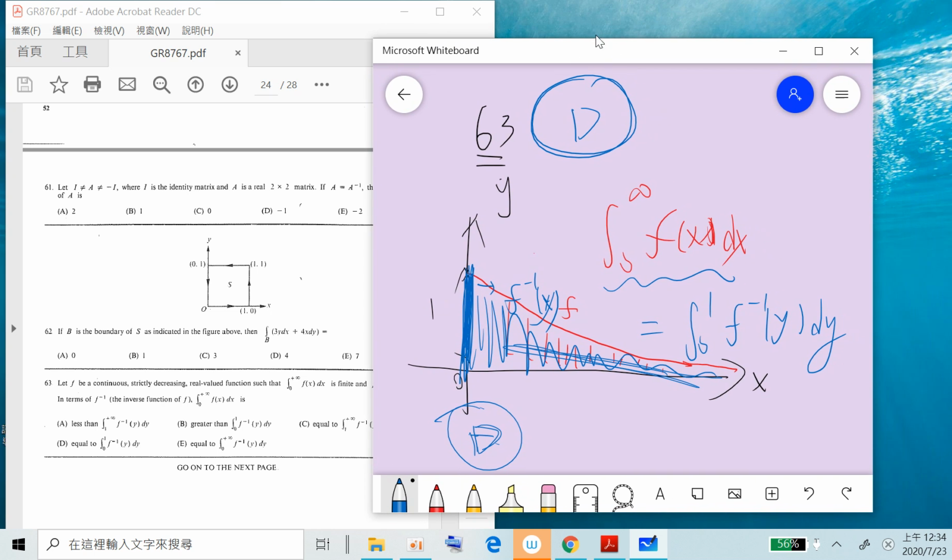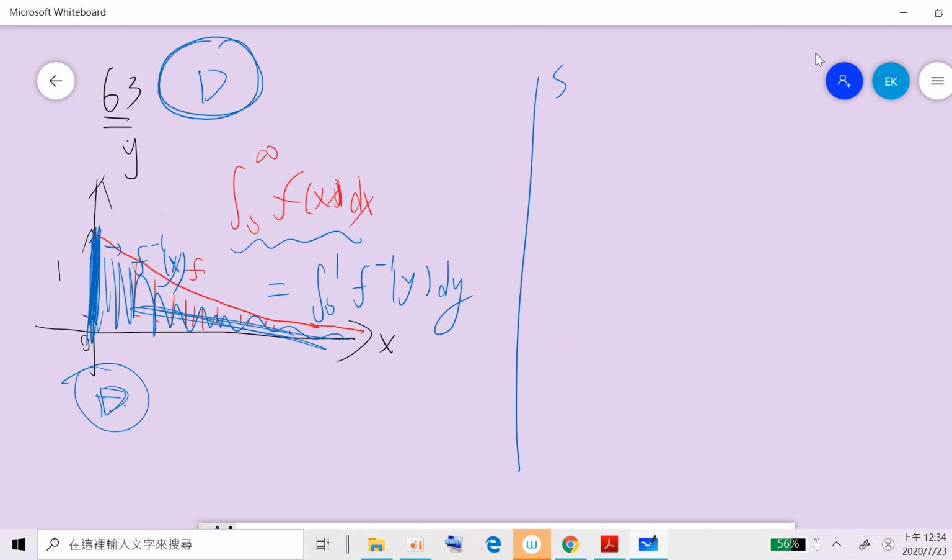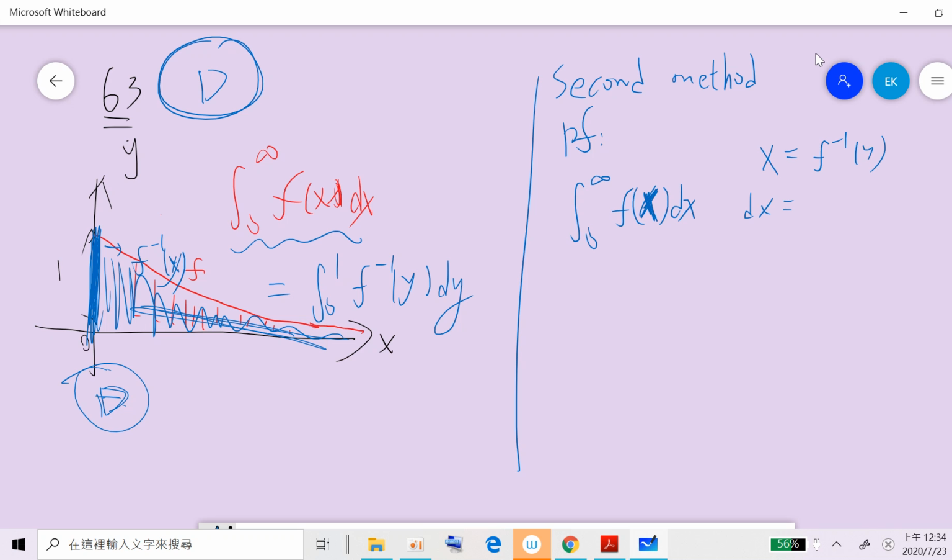But can we prove this in a rigorous way? So the second method, proof. We start from this one. I write x equals f inverse y, so dx is f inverse y prime dy.